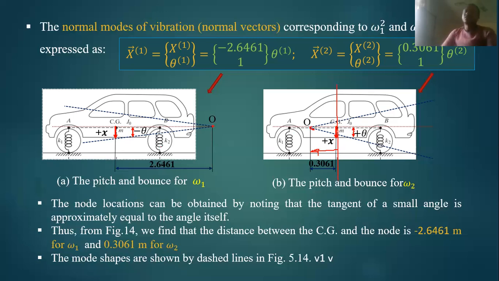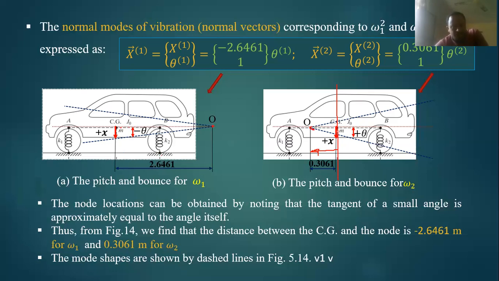Clockwise direction is taken as positive here, but this movement, counterclockwise, is taken as negative in our context. So this is the representation of the mode of pitch and bounce.